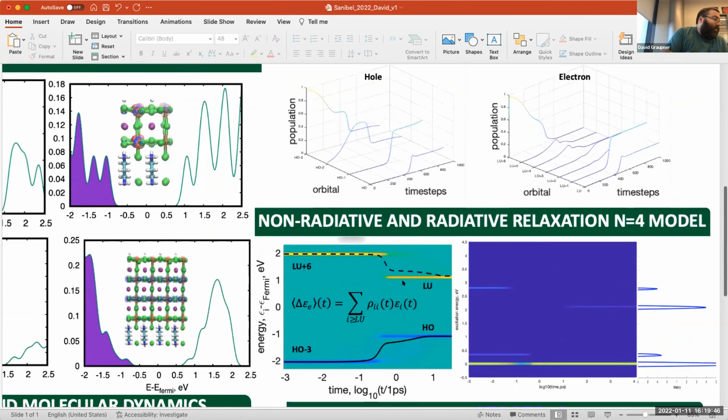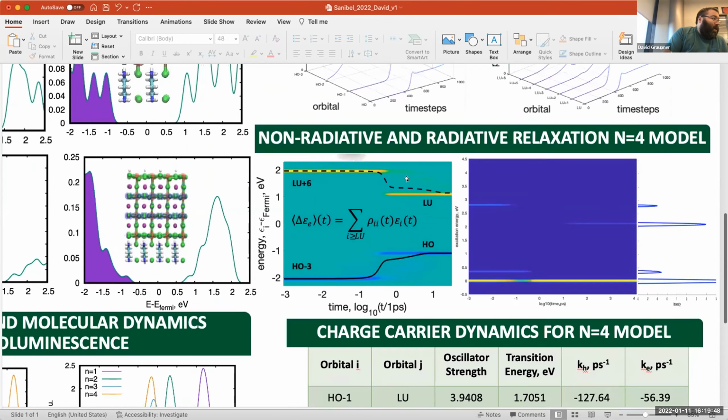The major difference, if we go down here, is we tend to see a peak, a partial relaxation before, so it goes to a slightly lower excited state before going to the band edge, and we see that in basically all of the models that I've looked at, and we see the same thing with the whole relaxation.